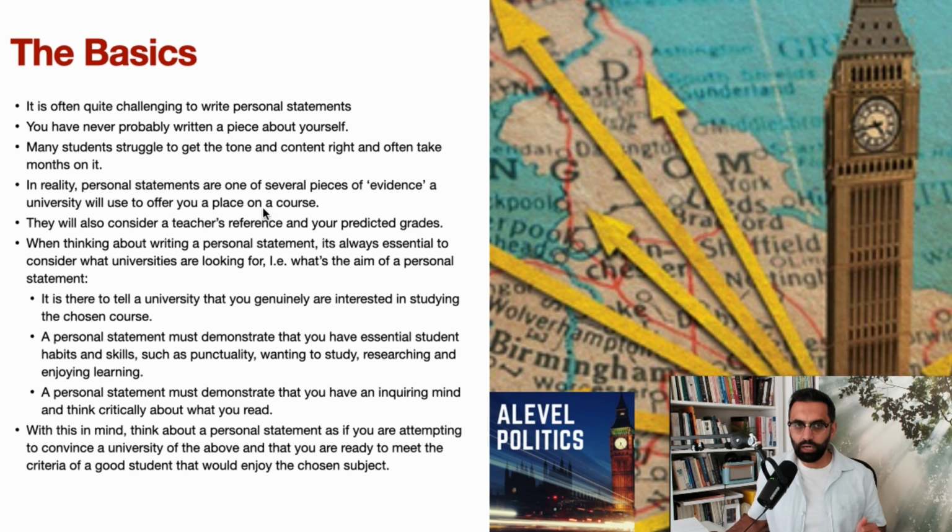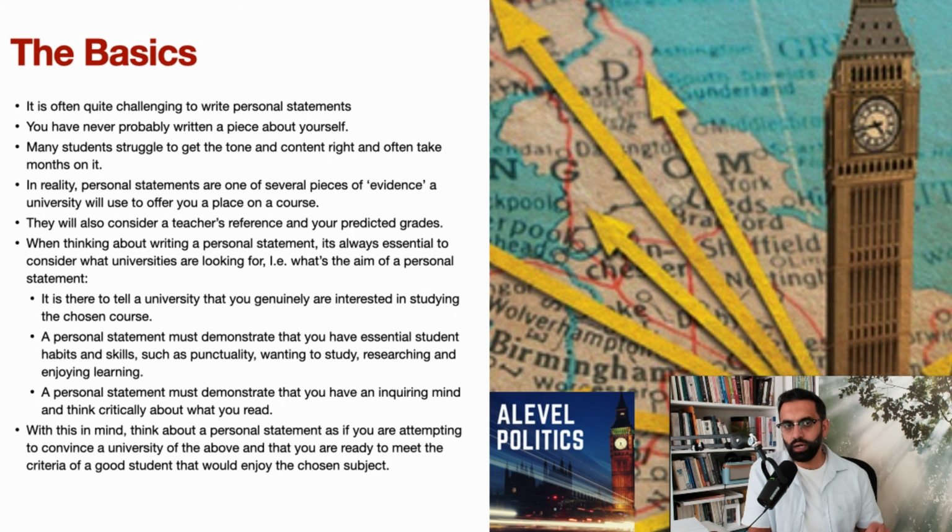Now, when thinking about writing a personal statement, it's always essential to consider what universities are looking for, i.e. what's the aim, the objective of your personal statement. So let me set out some fundamental objectives that I think a university will be looking for when they read your personal statement.